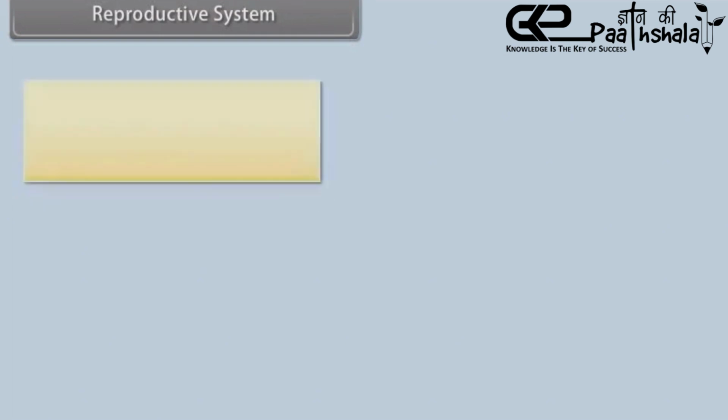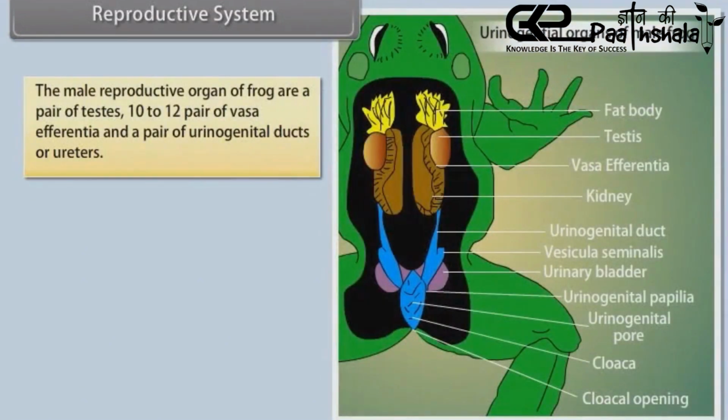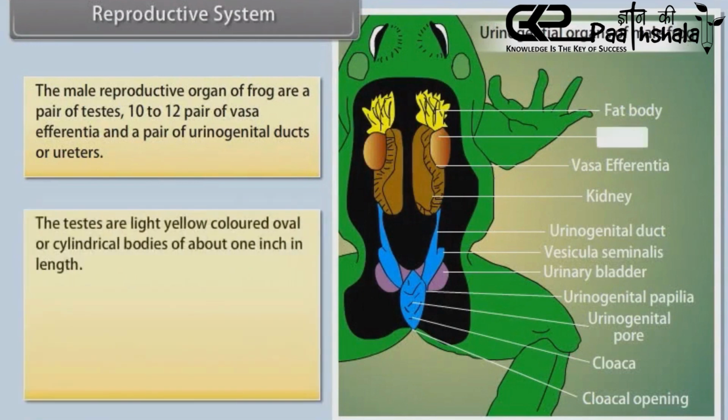Reproductive system. The male reproductive organs of the frog are a pair of testes, 10 to 12 pairs of vasa efferentia, and a pair of urinogenital ducts or ureters. The testes are light yellow colored, oval or cylindrical bodies of about 1 inch in length.